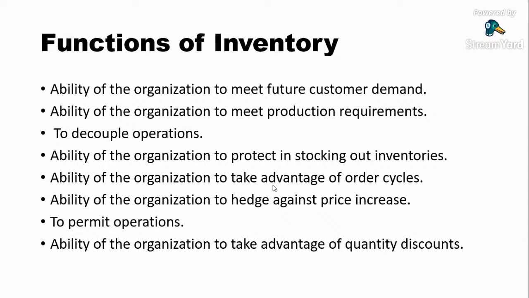Kapag hindi na meet ng organization ang production requirements, magkakaroon yan ng chain reaction going to marketing and operations as well as finance. Example, if the organization did not meet the production requirement, let's say the company needs to produce 1,000 pairs of shoes. Pero ang kaya lang ng kanilang inventory ng raw materials ay 500 pairs of shoes. So hindi nila na-meet yung required 1,000 production requirements.